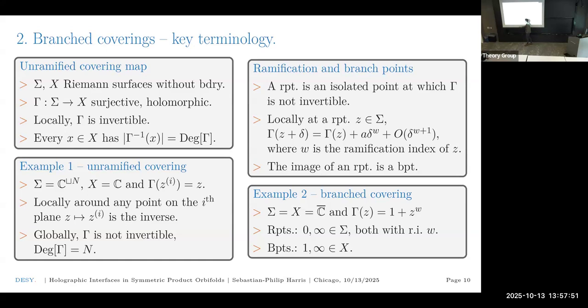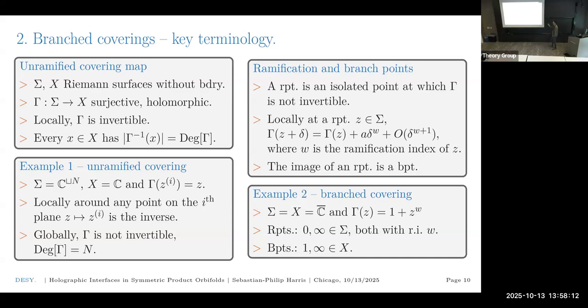And on the ith complex plane, the inverse is just putting the label i on a complex number. Globally, however, it's not invertible. In particular, every point in X has n pre-images, so the degree of the covering map is n.